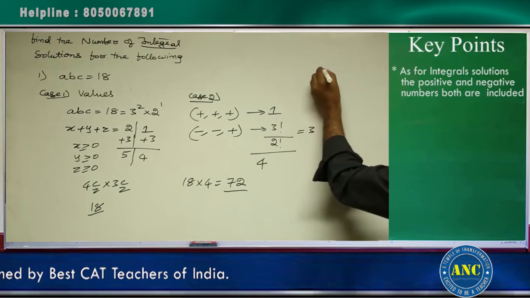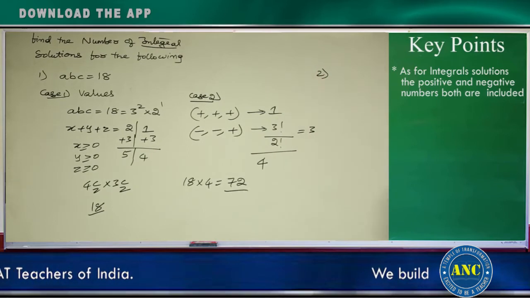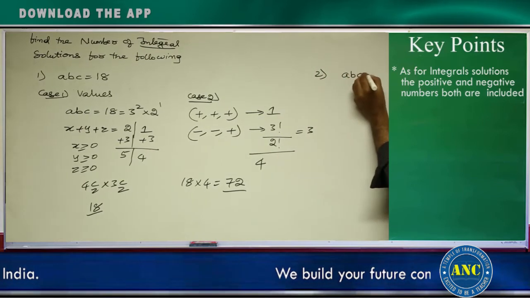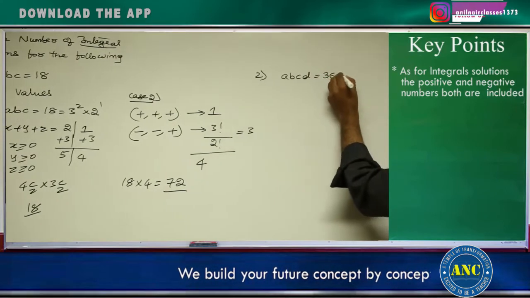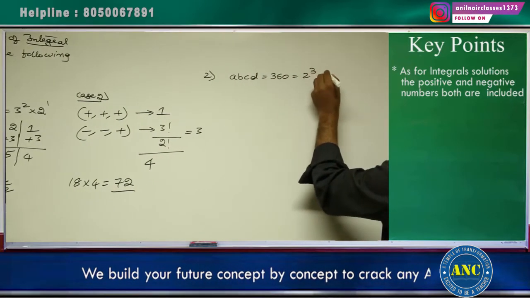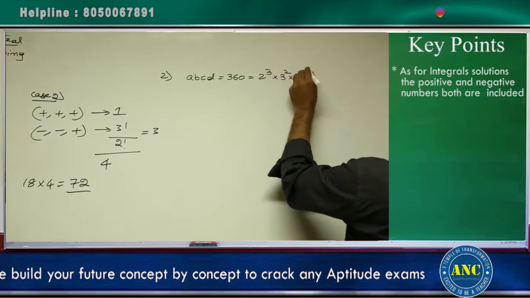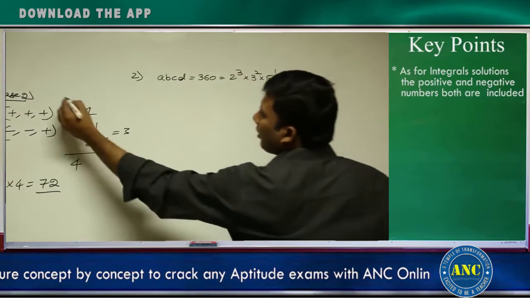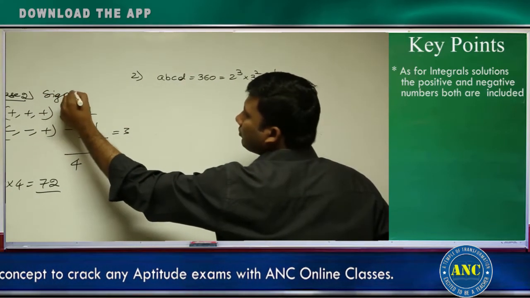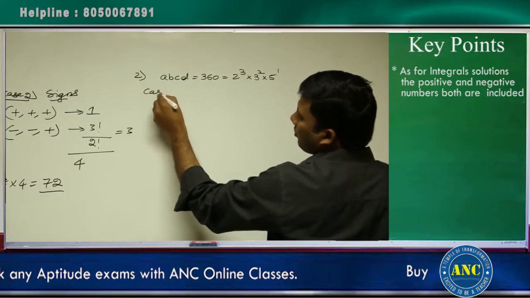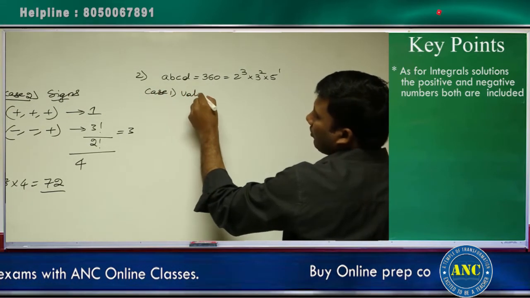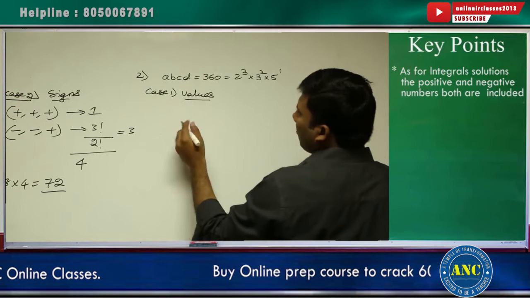One more question. ABCD equivalent to 360. What is 360? 2 cube into 3 square into 5 power 1. Case 1, values.